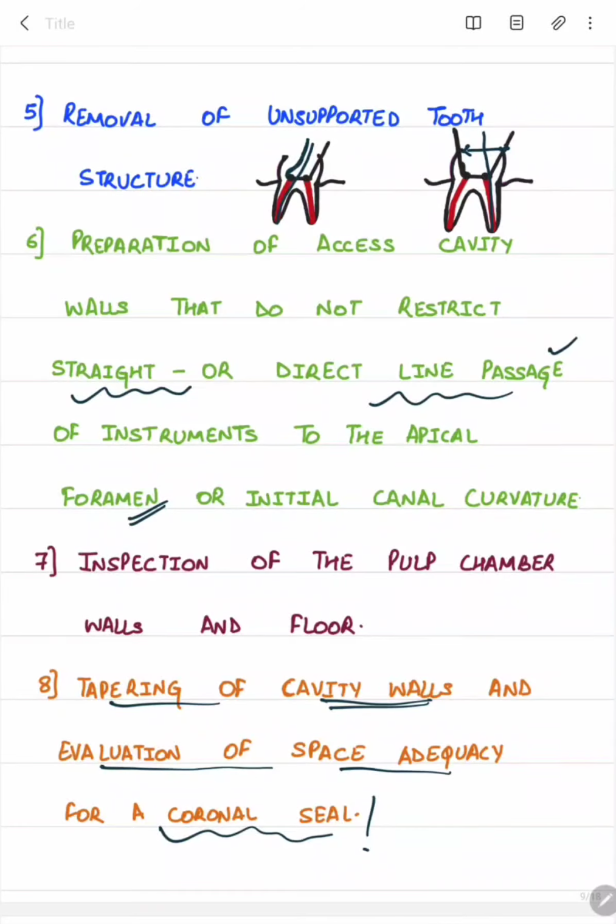So in such a preparation, that is in tapered cavity wall kind of preparation, what happens, the occlusal forces will not push the temporary restoration into the cavity, right, and will not disrupt the seal. So this is the main important fact for preparing access cavity preparation, that is we should prepare the tapered cavity walls with widest dimension at the occlusal surface.